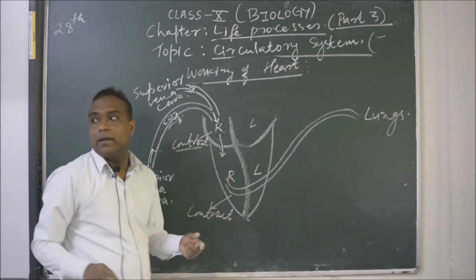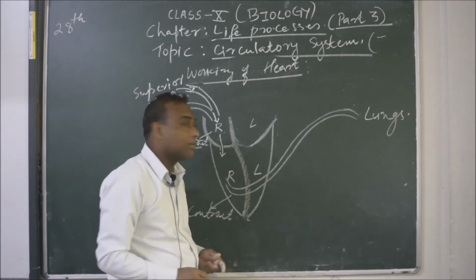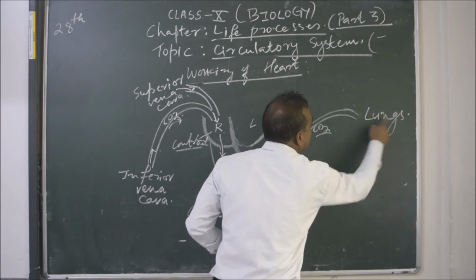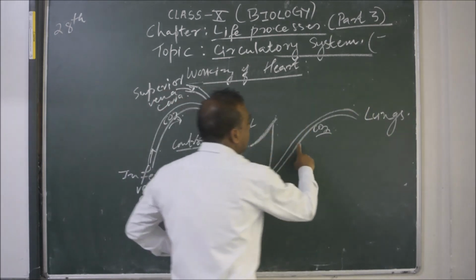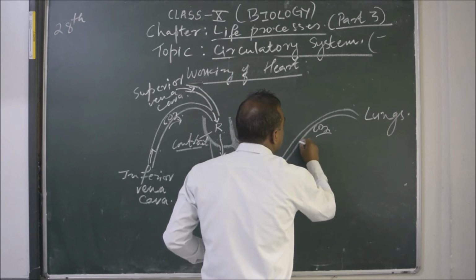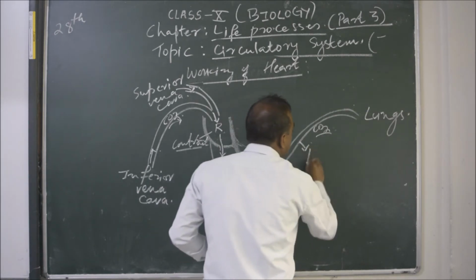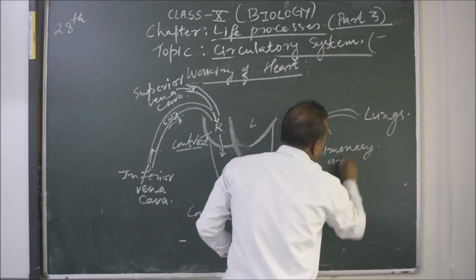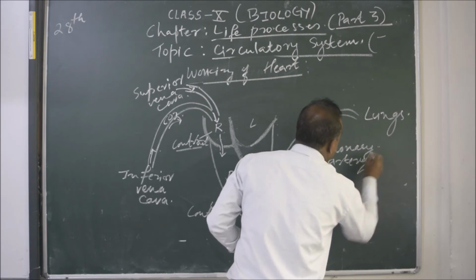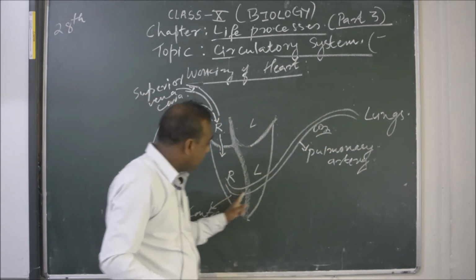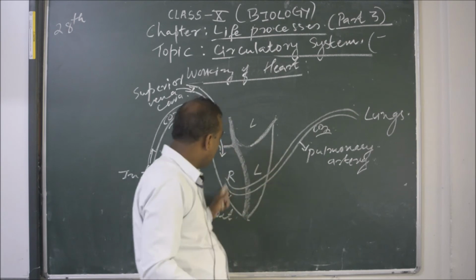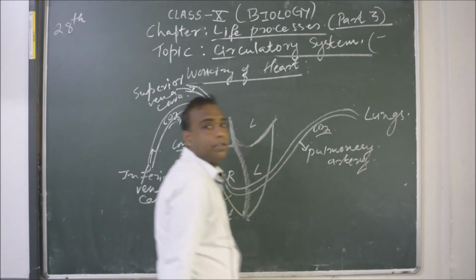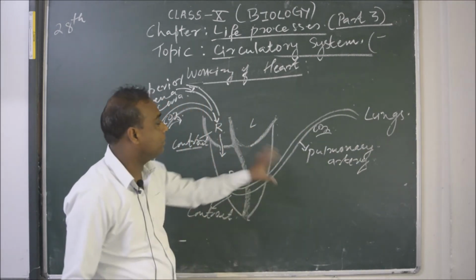All the blood moves towards the lungs, and this blood vessel is known as the pulmonary artery. The pulmonary artery takes the blood from the right ventricle to the lungs. Now the deoxygenated blood reaches the lungs. This is one type of circulation.